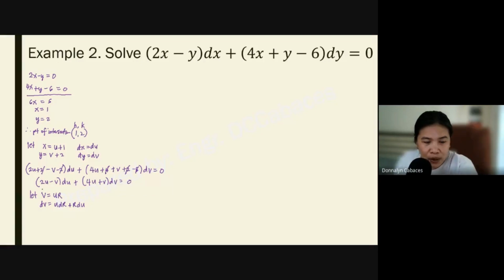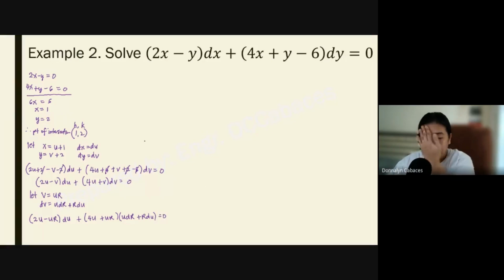Okay? So we now substitute it here. That is (2u minus ur) du plus (4u plus ur) times (u dr plus r du) equals 0.